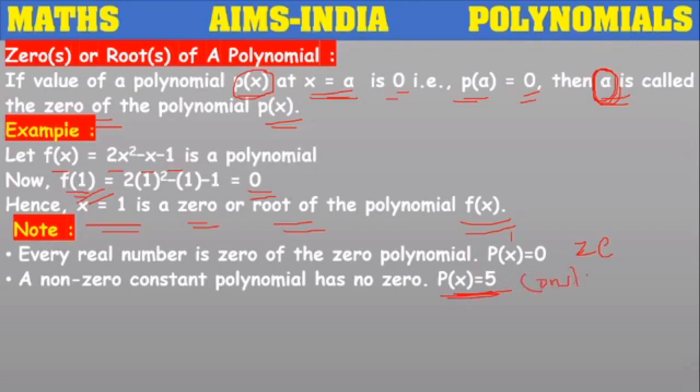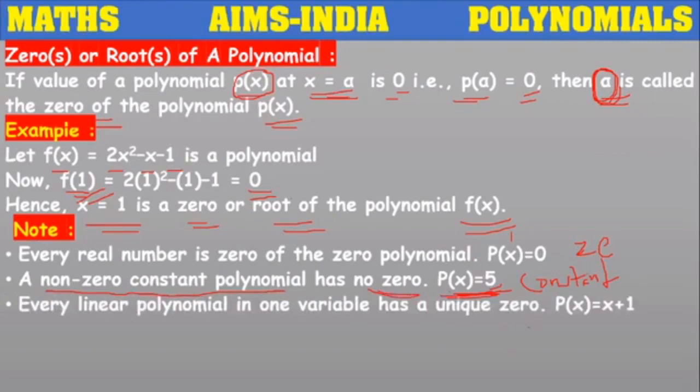Here if you place 1, p of 1 equal to 5, p of 2 equal to 5, p of 3 equal to 5. Like that, for any kind of variable, the value will always be a constant but never be 0. Means a non-zero constant polynomial has no 0. So 0 doesn't exist for a non-zero constant polynomial. So that is the second point.